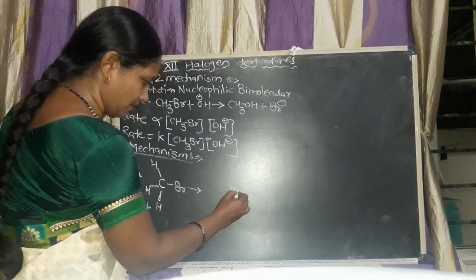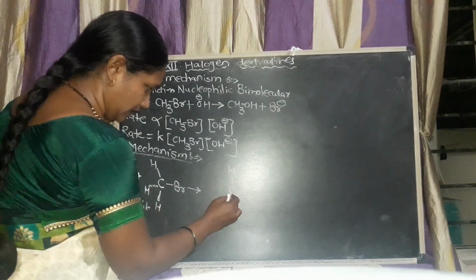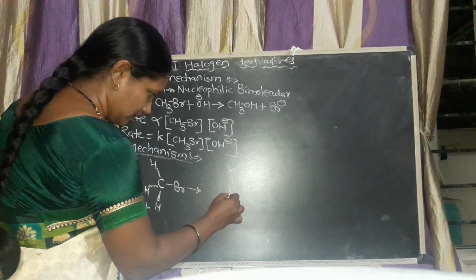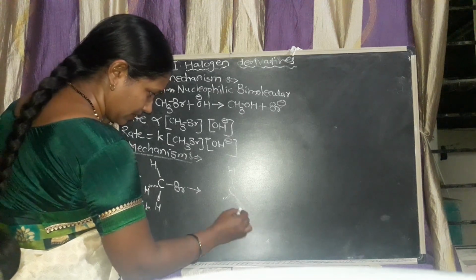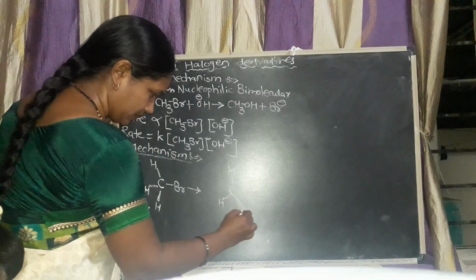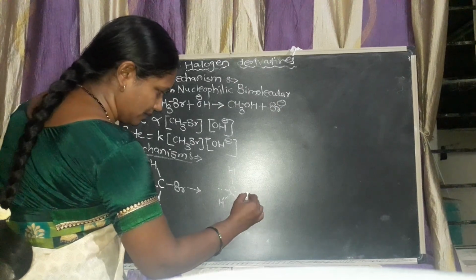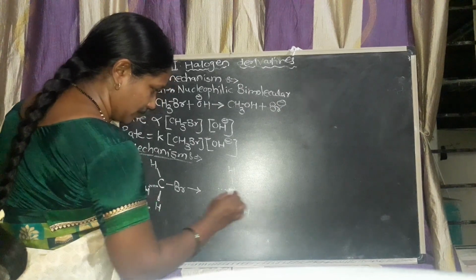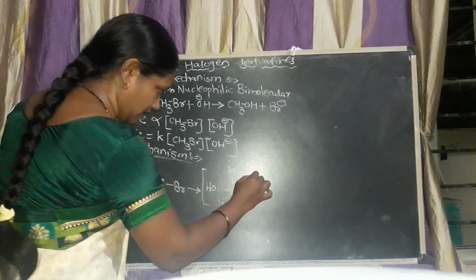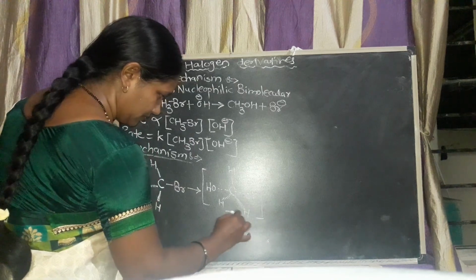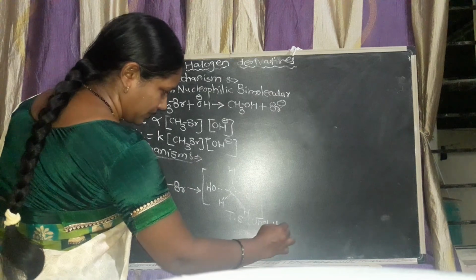It is the central carbon atom, to this the three hydrogen atoms, and here are the two partial covalent bonds, Br and OH. Now this is the transition state. This transition state is unstable.